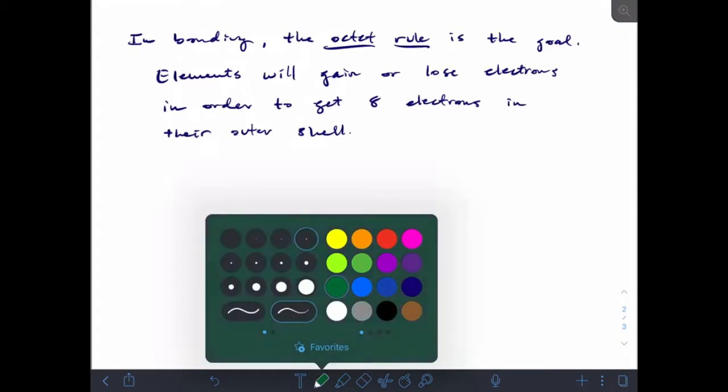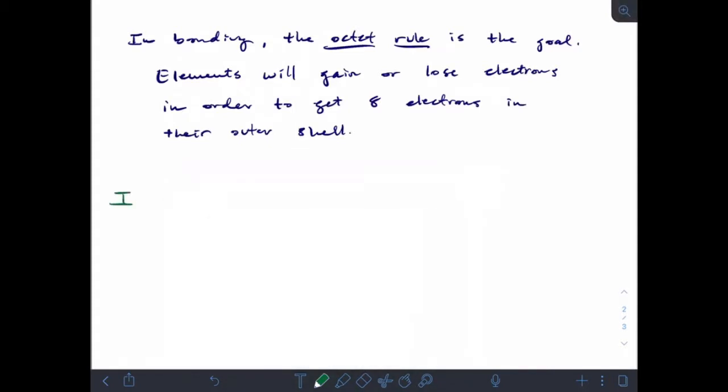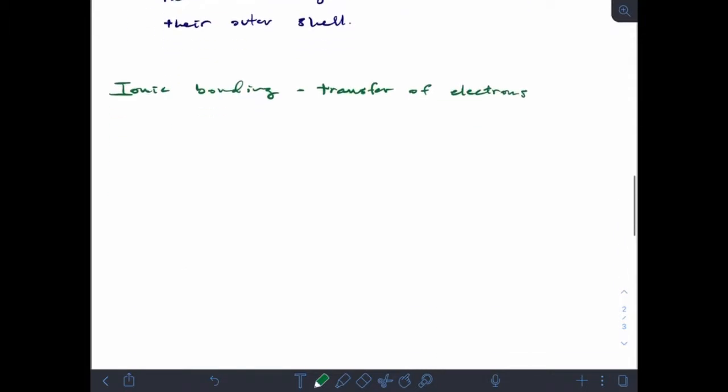Ionic bonding, we already talked about, is a transfer of electrons. Metals tend to lose electrons, nonmetals tend to gain them. So we're going to transfer from the metal to the nonmetal.